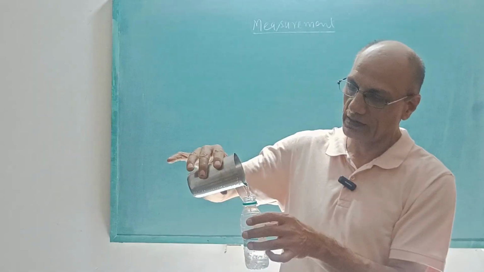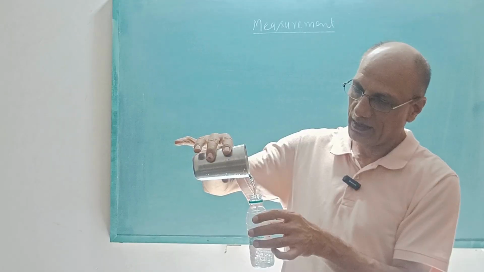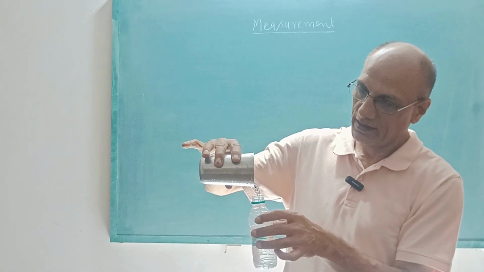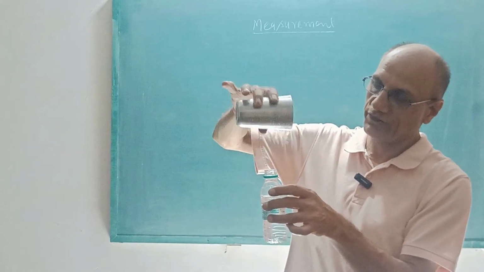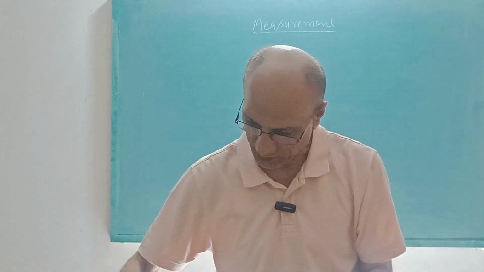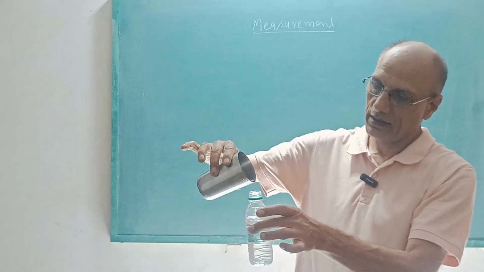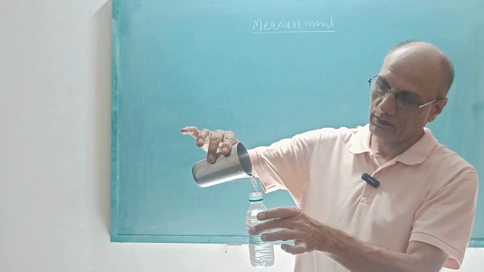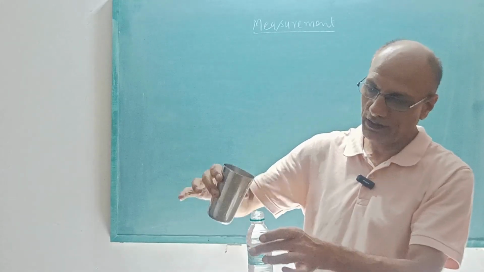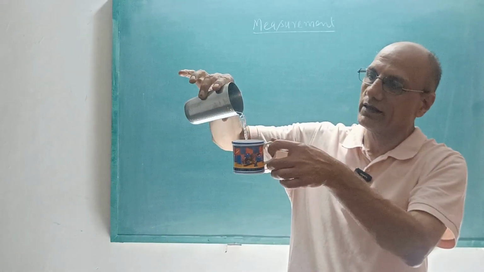That means the volume of the glass is more than the cup. That is very clear. And now it is here, and the water is finished, and still there is water. So I'll put it back over here and see, the bottle is full, and still the water is in the glass.